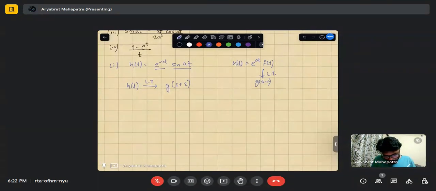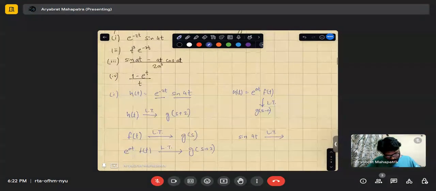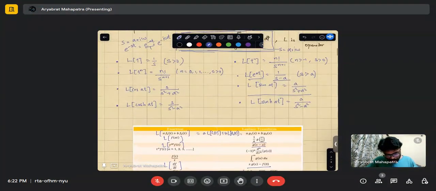So when you have f of t and do the Laplace transform, you get g of s. But when you multiply e^(at) with f of t and do the Laplace transform, you get g of s plus 2. The same way, your f of t was sin 4t, so you get the Laplace transform of sin 4t.